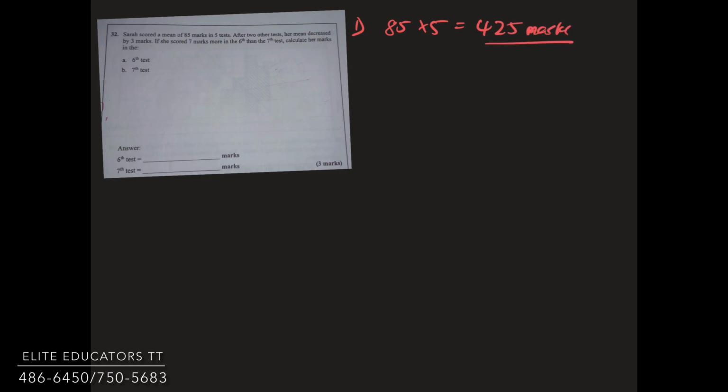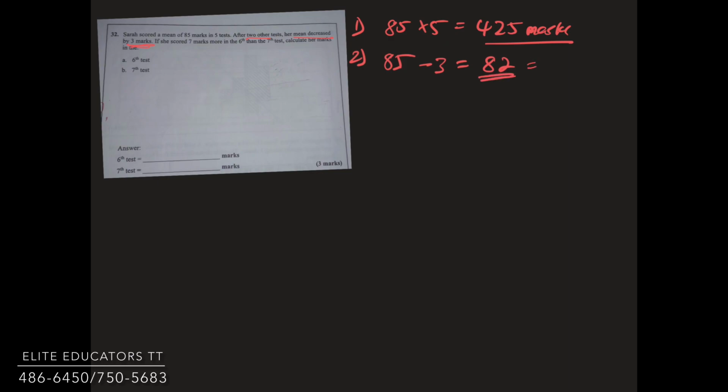That is step 1. Now that we know the total amount of marks, the second thing we do is find the new mean. So step 2, find the new mean after the 2 additional tests. Let's check the question. They said after 2 more tests, her mean decreased by 3 marks. So if the mean before was 85, the new mean would simply be 85 minus 3, which gives 82.